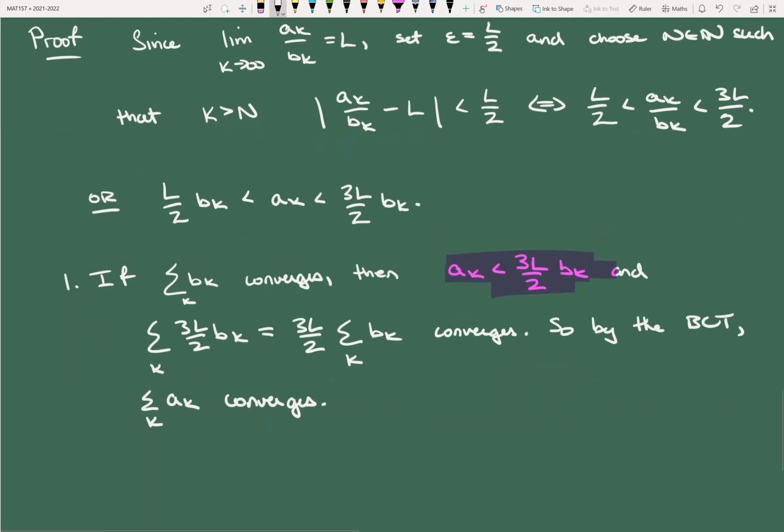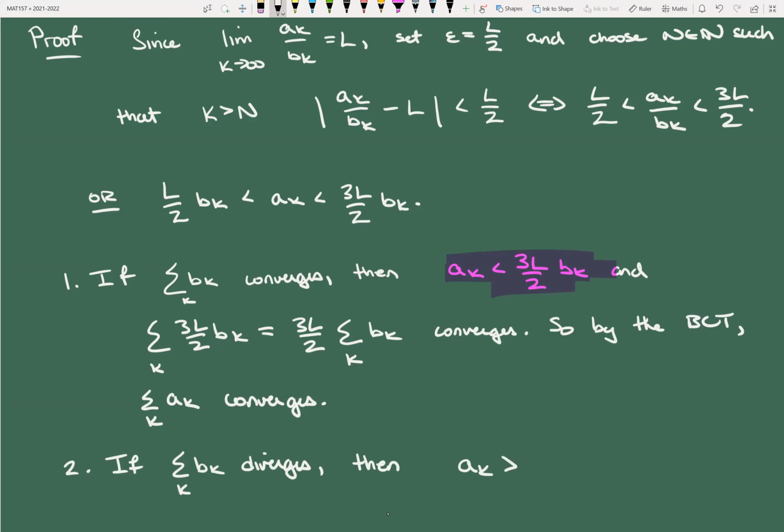And then number 2, so it's an if and only if. So again, we're going to do the forward direction and then the contrapositive of the forward direction. So instead of assuming that a_k converges, which we totally could, let's assume the sum of b_k diverges. So if b_k diverges, then a_k is greater than L over 2 b_k. Now I'm using the second half of that inequality.